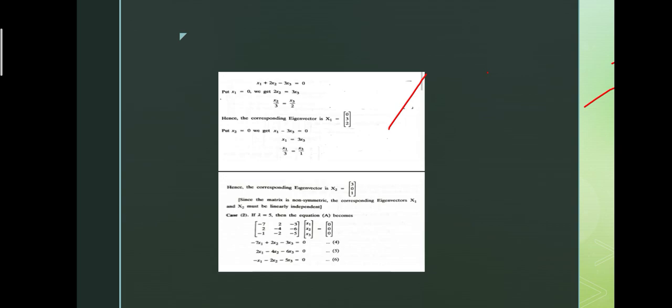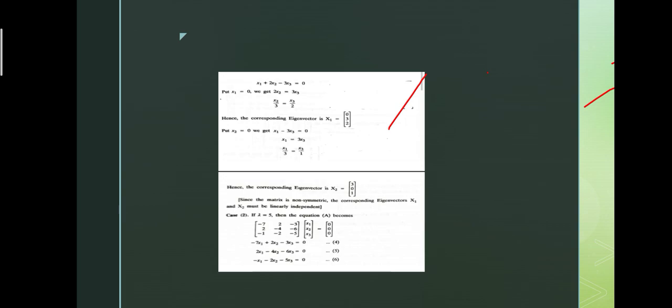We put x1 = 0, we get 2x2 = 3x3, so x2/3 = x3/2. Hence the corresponding eigenvector is X1 = (0, 3, 2). We put x2 = 0, we get x1 = 3x3, so x1/3 = x3/1. The corresponding eigenvector is X2 = (3, 0, 1).